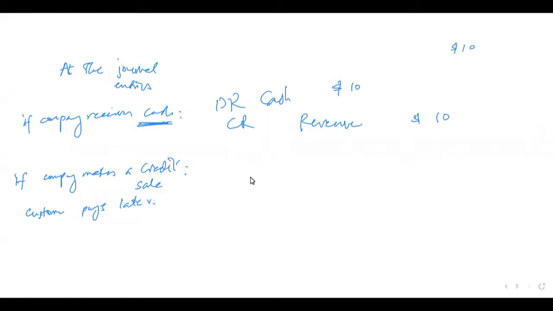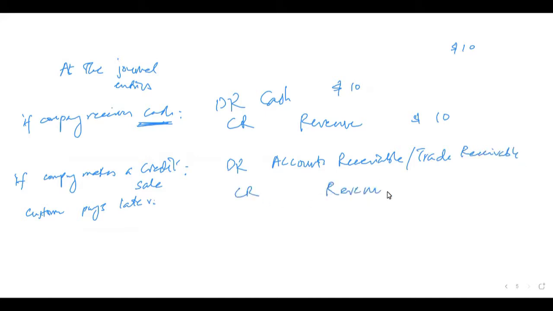So the company has not received the cash, and therefore you will debit accounts receivable, because the company has to receive this money, or you can also call it trade receivable, and then you would, as usual, credit revenue. So let's say this was also $10. Always remember that debit is always going to be equal to credit. So you see $10, $10, right?